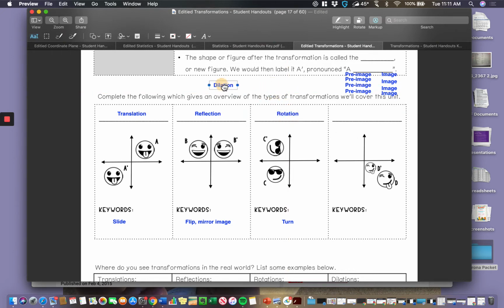And then last but not least, we have a dilation. Sometimes if you look at someone's eyes, their eye pupils, the little black spots in the middle of their eyes, in a lot of light they become smaller, in the dark they get big.